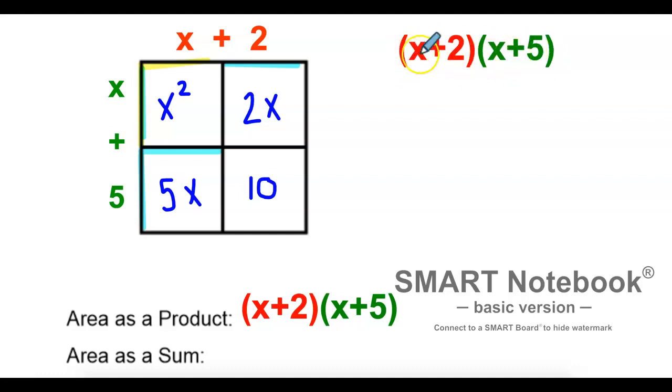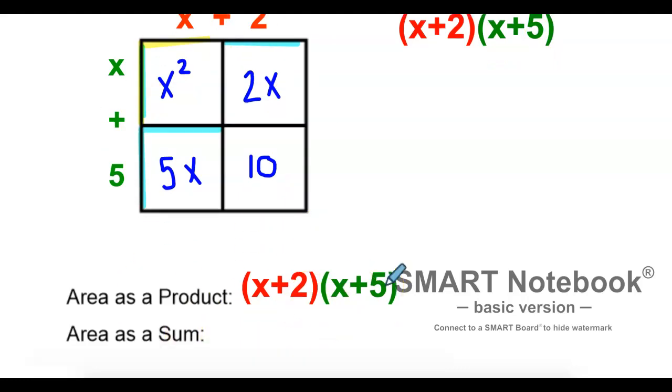So when we have two binomials written together like this, that's how we express the area of this box as a product. To figure out the area of the box as a sum, we want to take all of these blue terms that we wrote inside of our generic rectangle, and we need to add them all together.